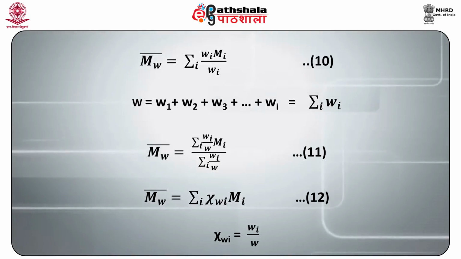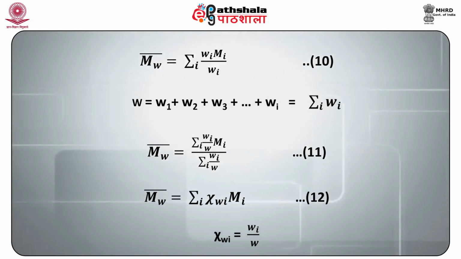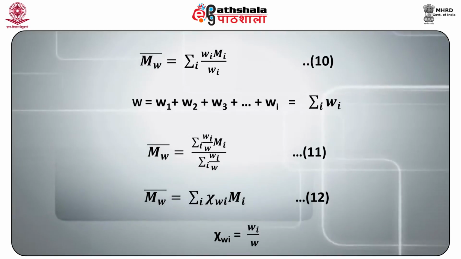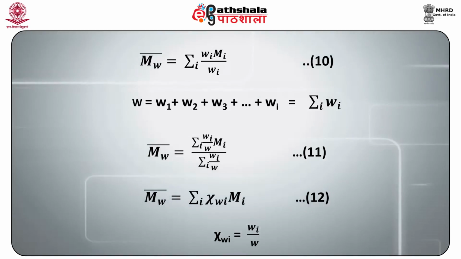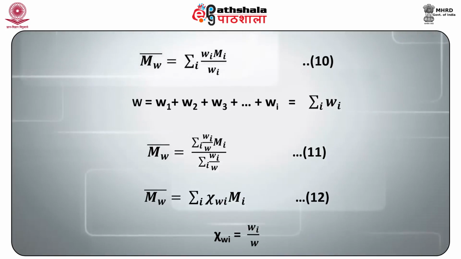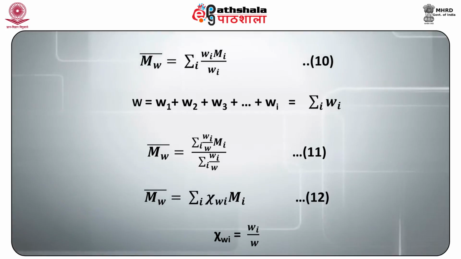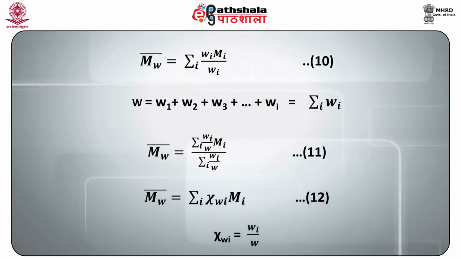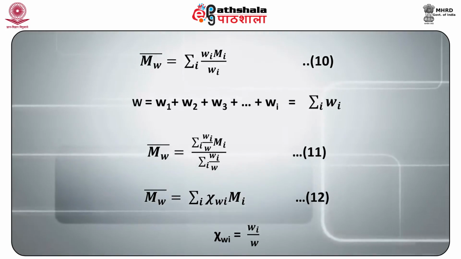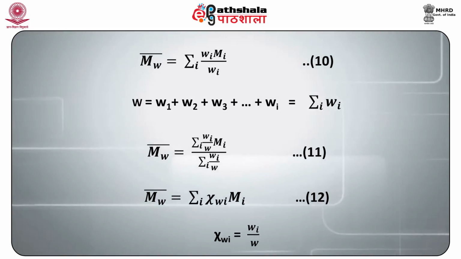Dividing equation 10 by W, where W is equal to W1 plus W2 plus W3 up till Wi, which can be further written as summation Wi, we get Mw bar equals summation Wi by W into Mi divided by summation Wi by W. This is our equation 11.